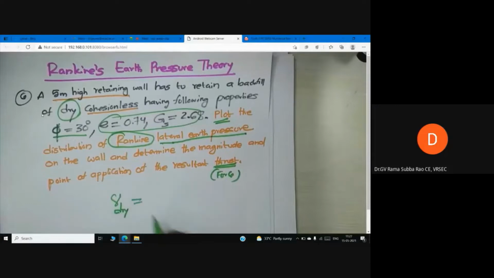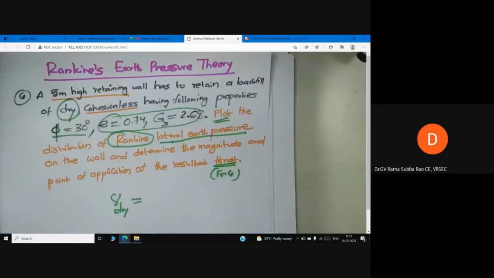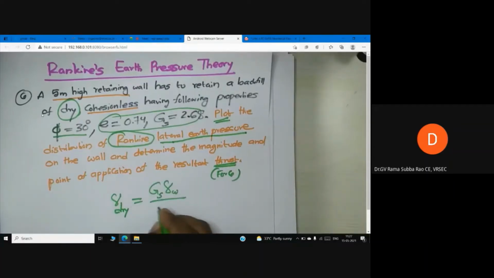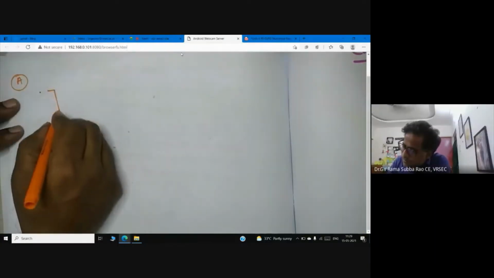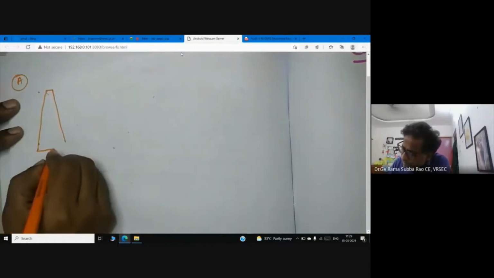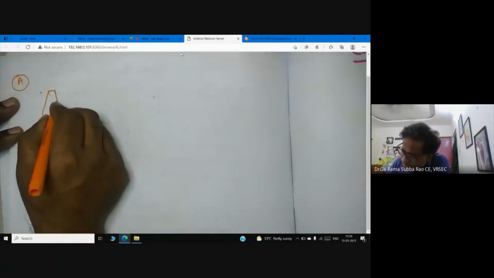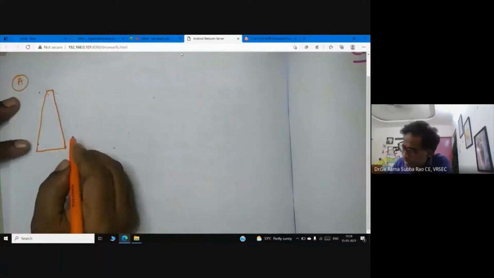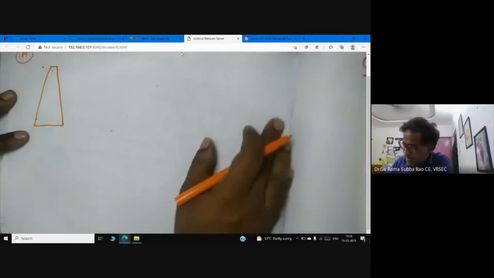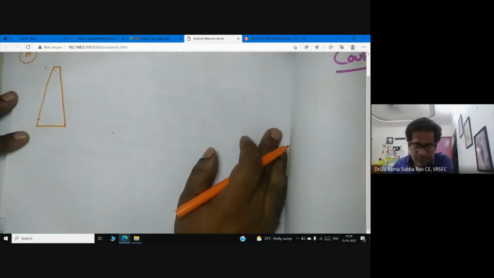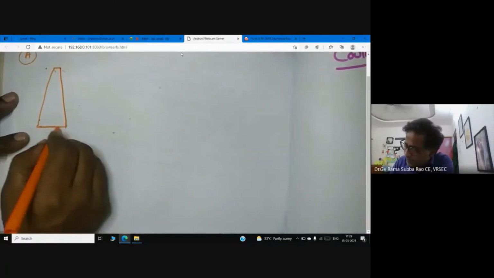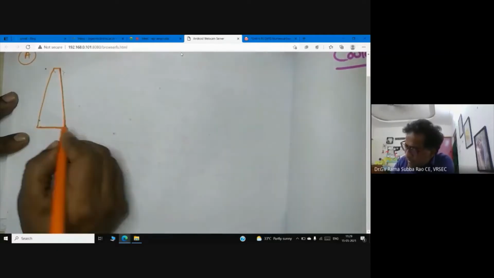So what is the formula for calculating gamma dry? Our basic soil mechanics will help you: G gamma w by 1 plus e. So this is the retaining wall. Let me draw. Its back is smooth and vertical.